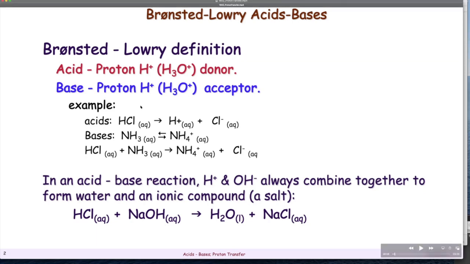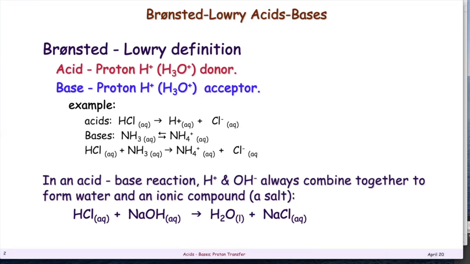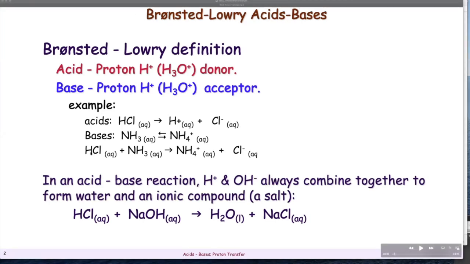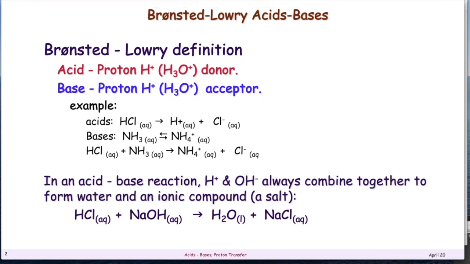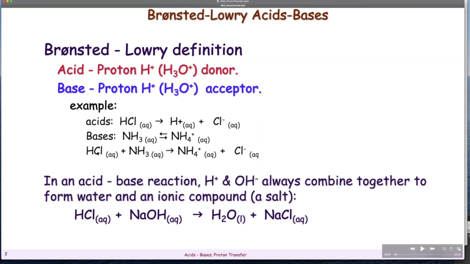The proton is going to be transferred to the ammonia, because ammonia has a lone pair, and you get ammonium. Remember, ammonia is NH3, ammonium is NH4 plus. There's a difference. And then the hydrochloric acid now becomes the chloride.